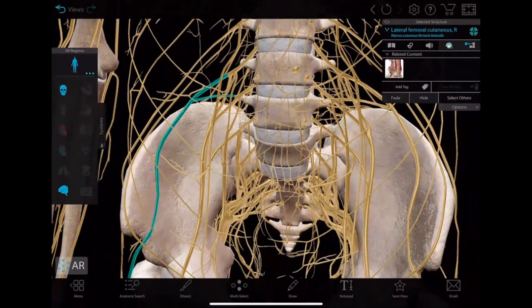Follow the class and closely observe the lumbar plexus. Today you go through the lumbar plexus and its different branches.